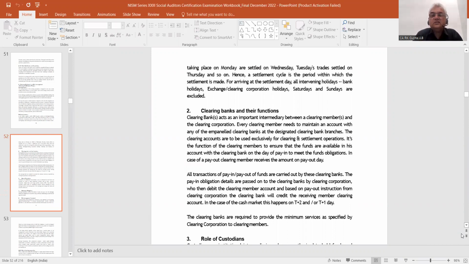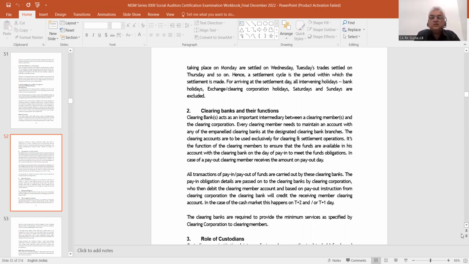Next is the clearing banks and their functions. Clearing banks act as an important intermediary between the clearing member and the clearing corporation. So they are an important link. Every clearing member needs to maintain an account with any of the empaneled clearing banks at the designated clearing bank branches.